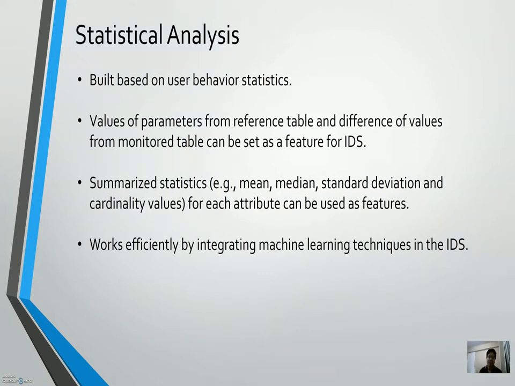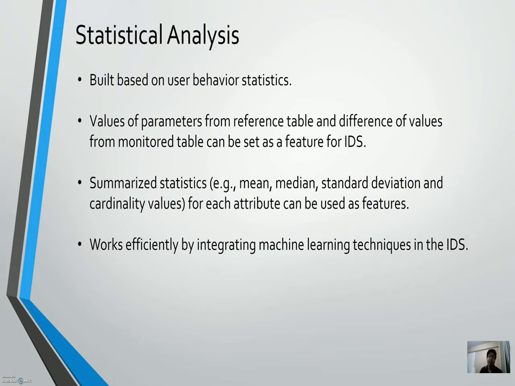These values include summarized statistics such as mean, median, standard deviation, and cardinality values. If the value from the monitor table is below a threshold from the reference table, the query or command is considered malicious. Statistical analysis can work efficiently with different machine learning techniques.